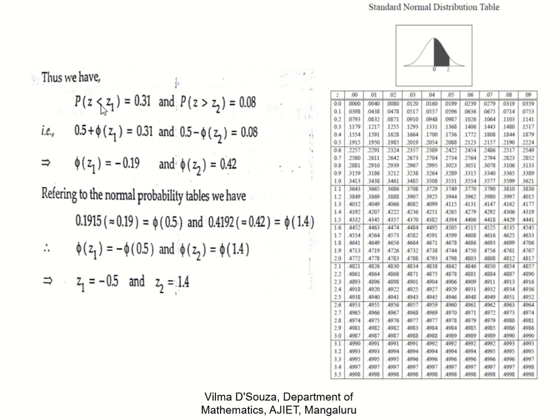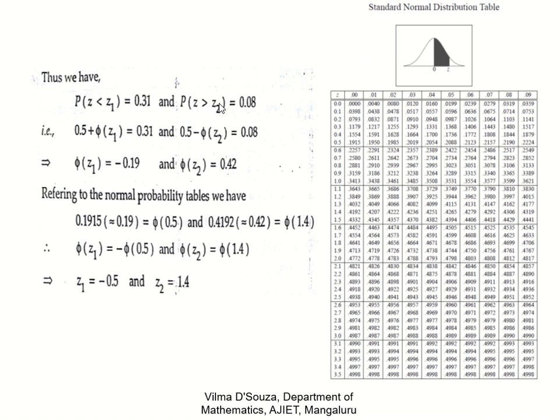P of z less than z1 is 0.31, that is minus infinity to z1. Since it is less than 0.5 probability, you will assume that z1 is negative.